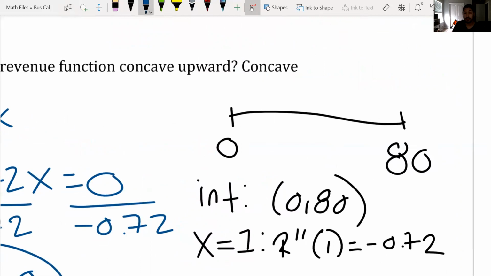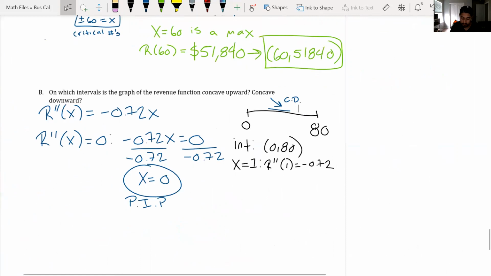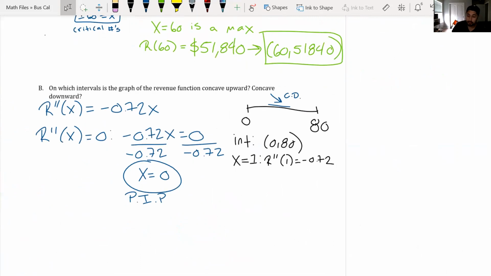This means that from 0 to 80, we are negative, which means the first derivative is decreasing, which means the original function will be concave down. That's all we're looking for. It says, where are you concave upward or downward? Well, only for this one, we can say that for the business model, we are concave down on 0 to 80. Concave down on 0 to 80.